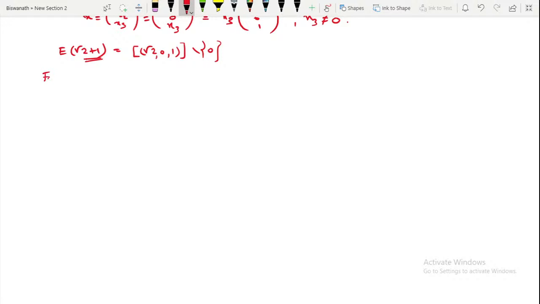And then for lambda equal to root 2 minus 1, similarly we will not evaluate it, we will write it only.